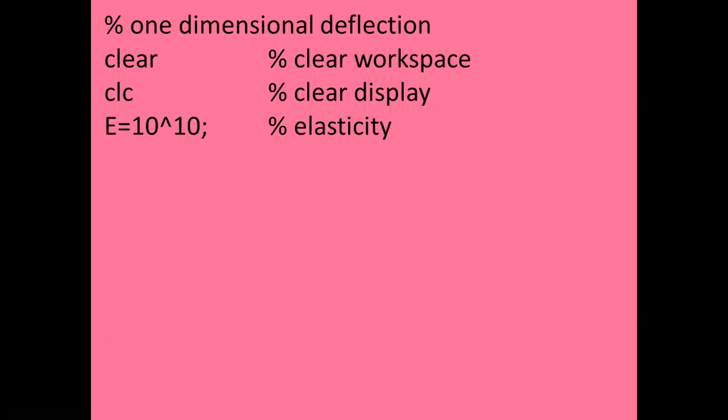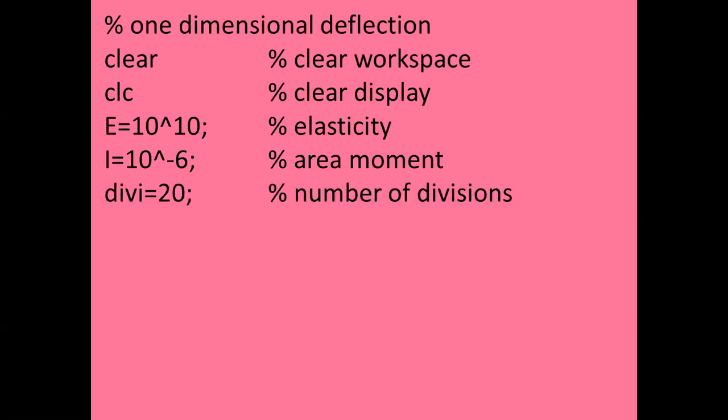Now this is the elasticity represented by E, area moment of inertia represented by I. divi is equal to 20. divi represents the number of divisions in the domain. The current value of number of divisions happens to be 20. That is just for the initialization.